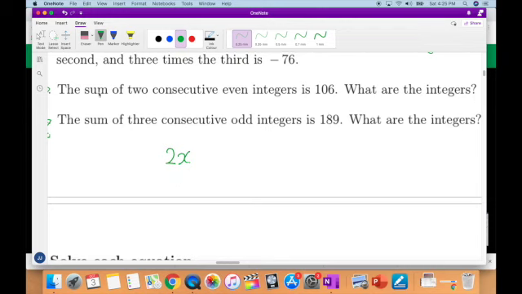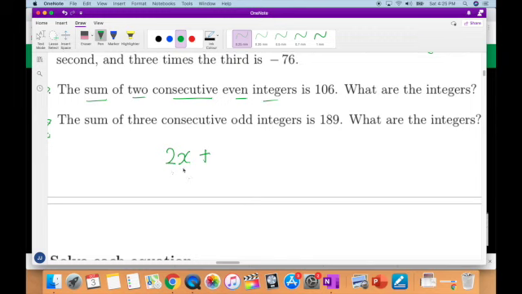So if the first even number is 2x, because it's the sum of 2 consecutive even numbers, what is the next consecutive even number going to be? Think about an example of consecutive even numbers.